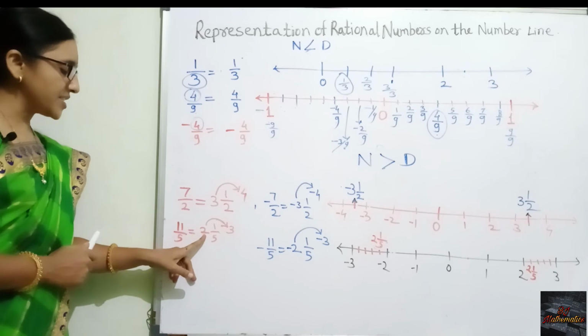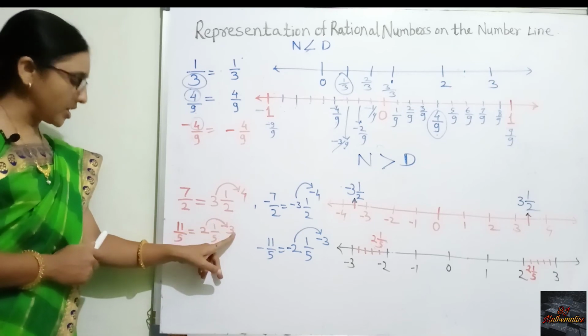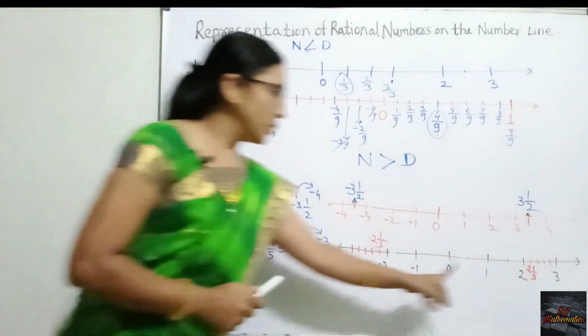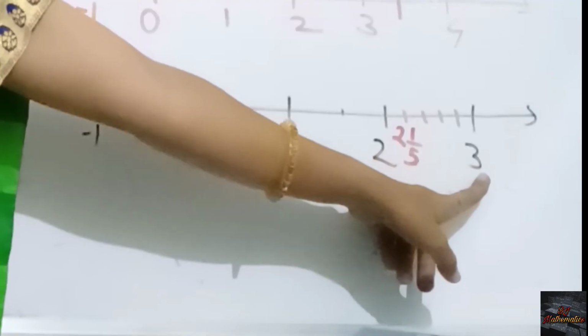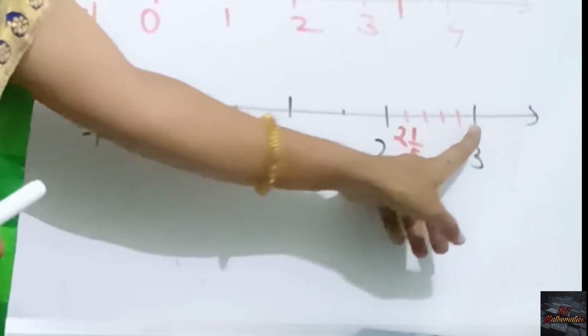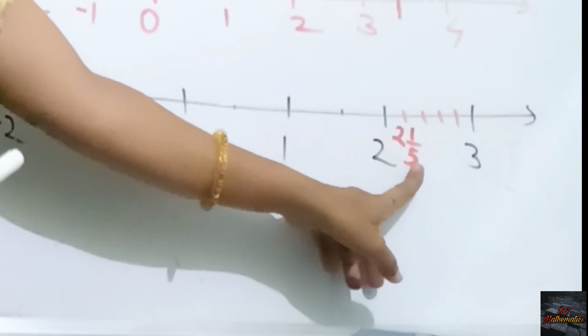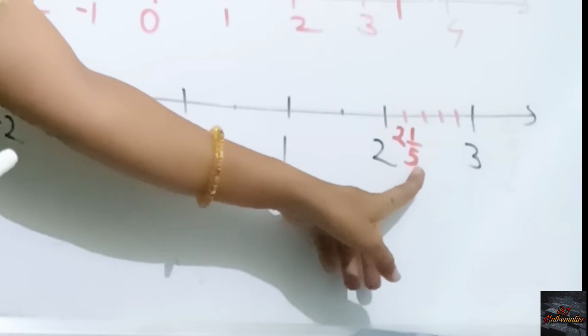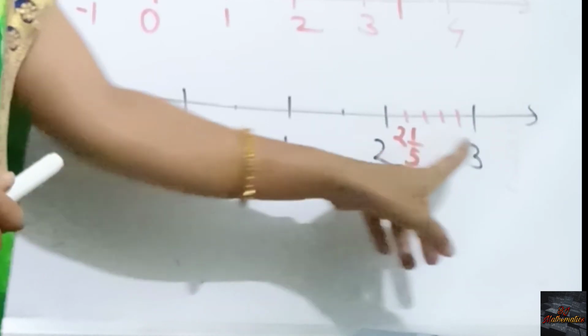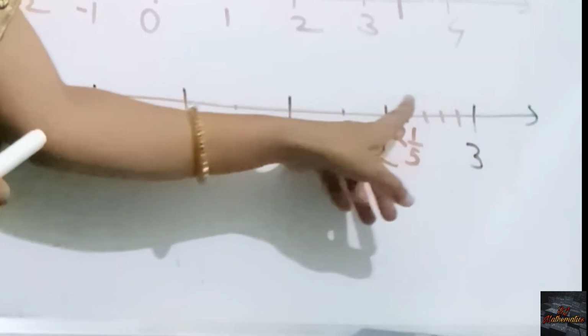Now divide the distance between 2 and 3 into 5 equal parts: 1, 2, 3, 5. And here the denominator is 5. Therefore, we have divided this unit distance between 2 and 3 into 5 equal parts.